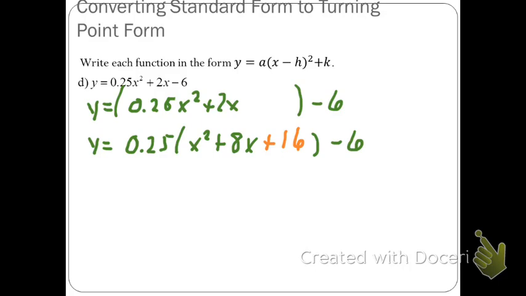You've got to have the vision to see that if you were to multiply that 0.25 by each of these terms, it's not 16 that you increase this by. Okay, so 0.25 times 16 is 4, so we're going to subtract the 4 that we added already. And so you'll get this in the end.